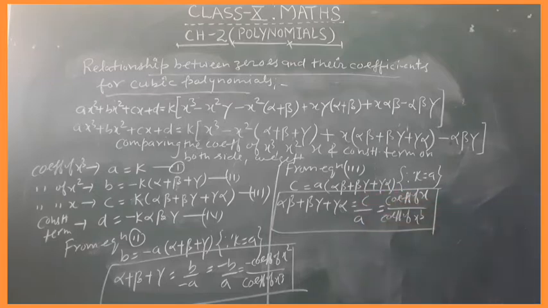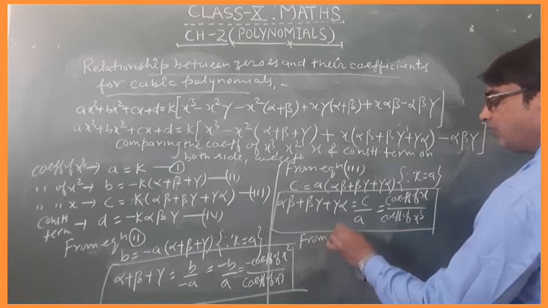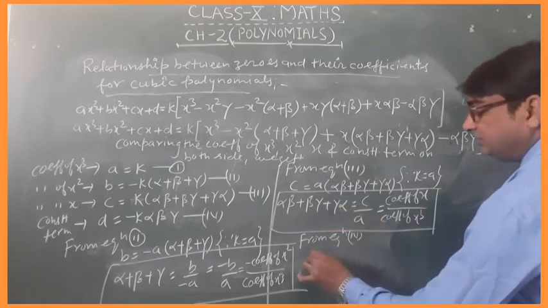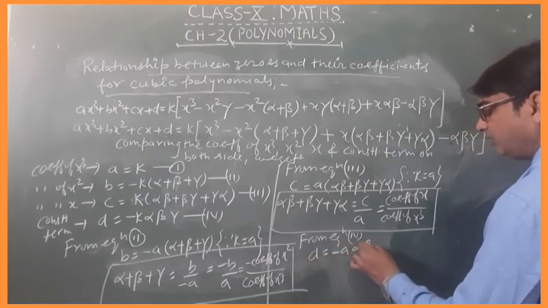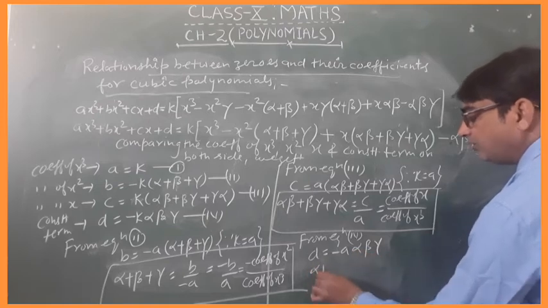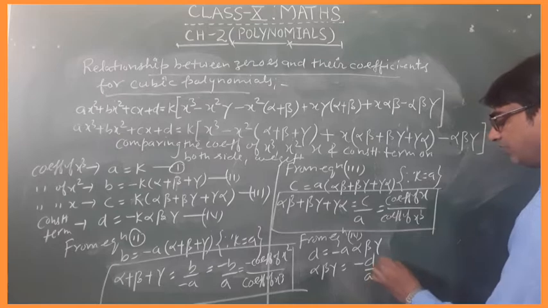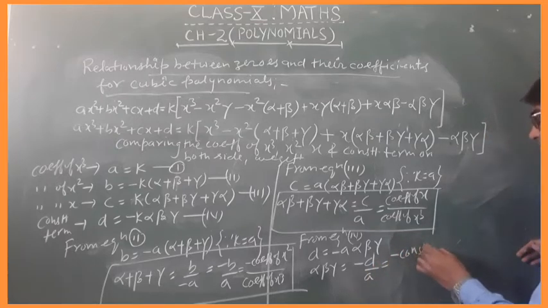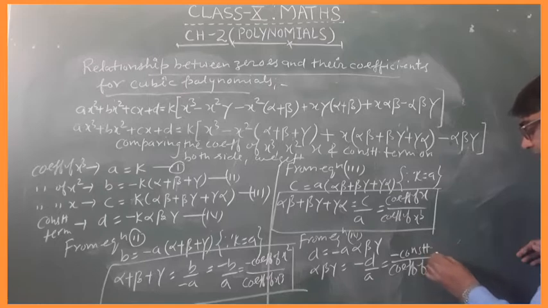And from equation 4, what we get? d is equal to −aαβγ. It means αβγ is equal to −d/a, meaning minus the constant term upon the coefficient of x³.